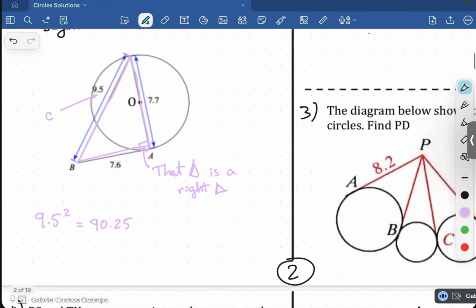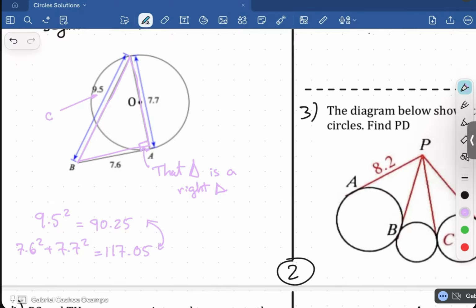And I also need to check what is 7.6 squared plus 7.7 squared. So I plug it into my calculator, and that is 117.05.